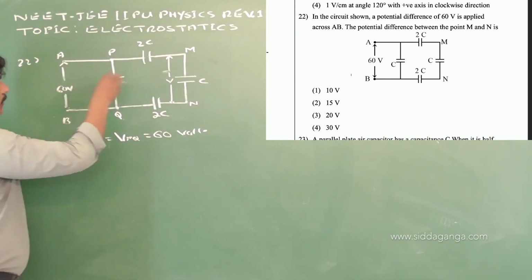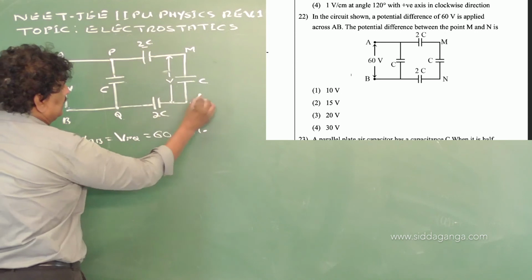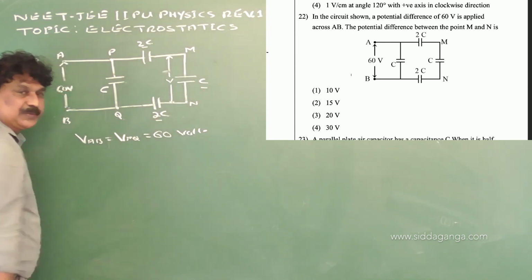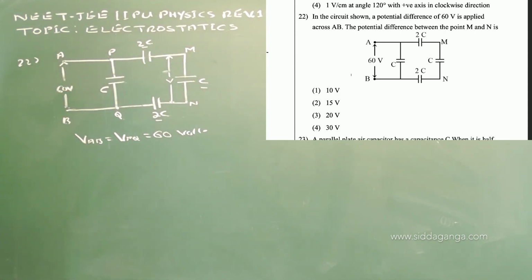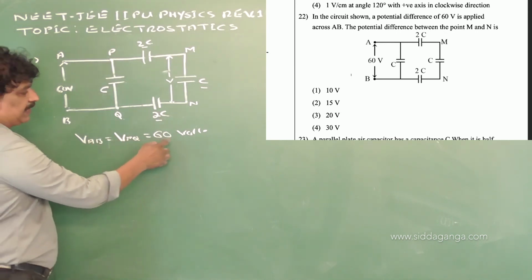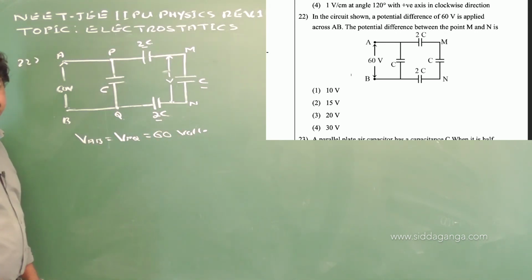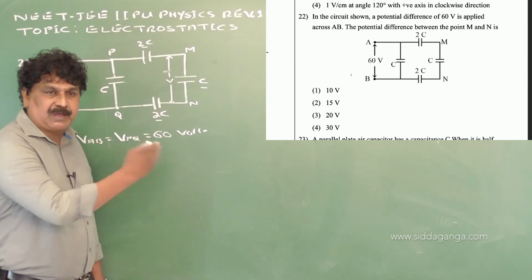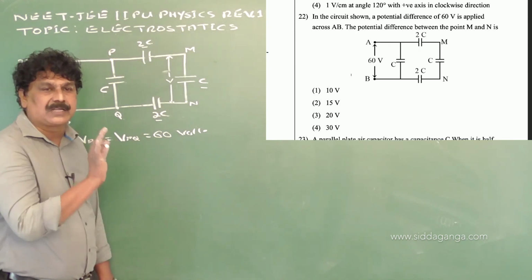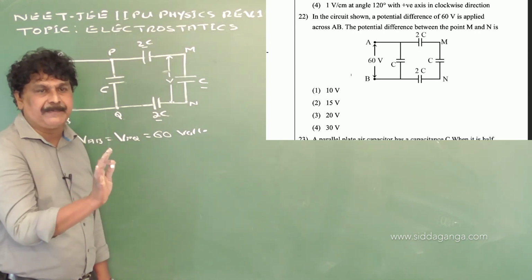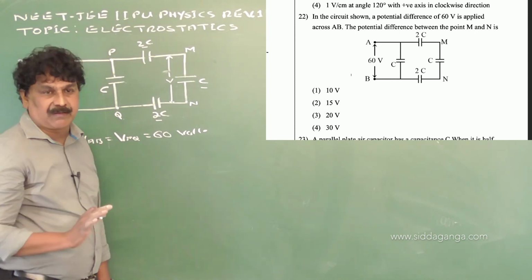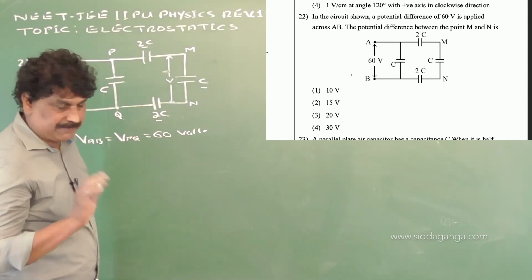Now here this 2C, C and 2C, they are in series with a potential difference of 60 volt applied in it. In series combination of capacitors, charge through each capacitor is same, but potential difference across each capacitor will be different.